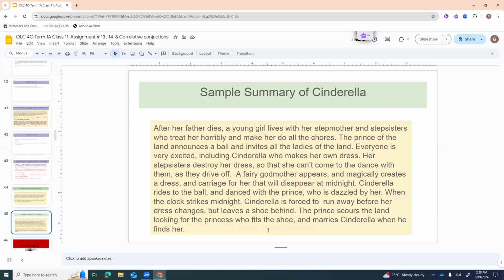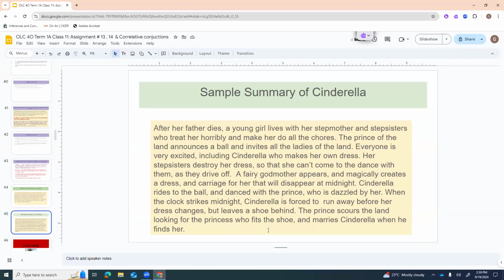A fairy godmother appears and magically creates a dress and carriage for her that will appear at midnight. Cinderella rides to the ball and dances with the prince, who is dazzled by her. When the clock strikes midnight, Cinderella is forced to run away before her dress changes, but leaves a shoe behind.